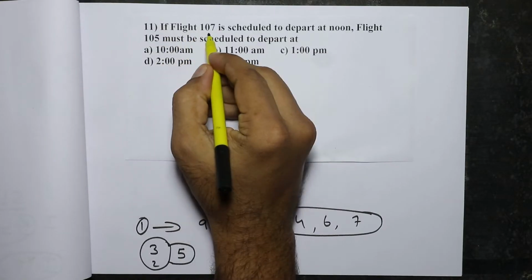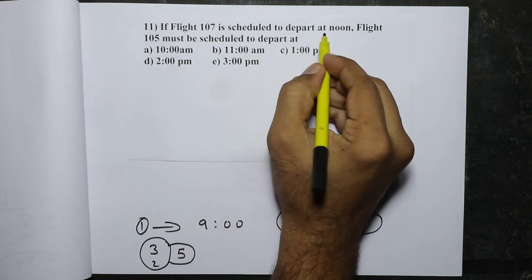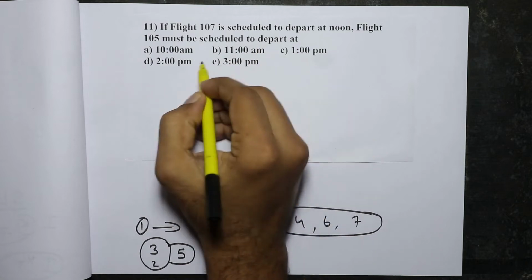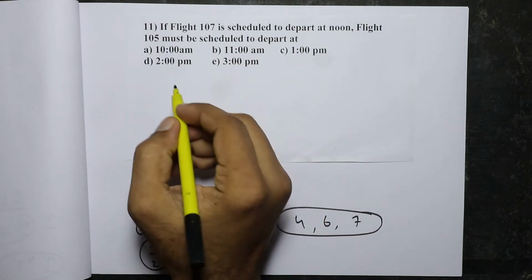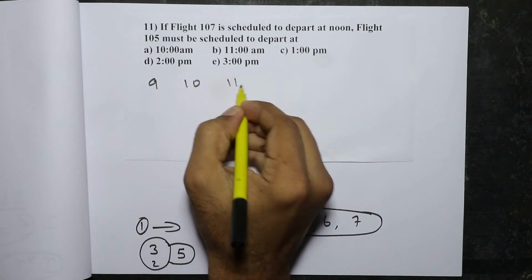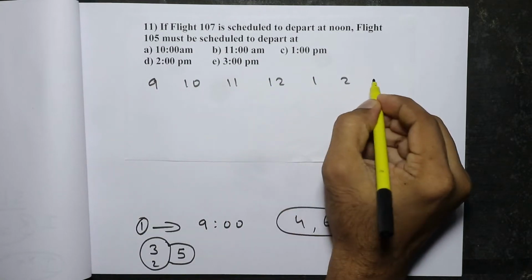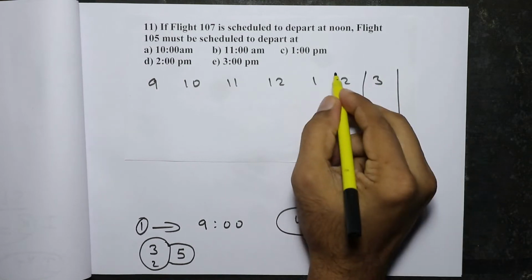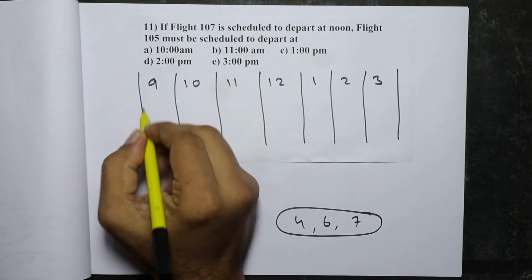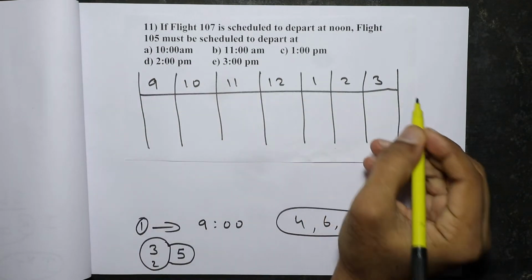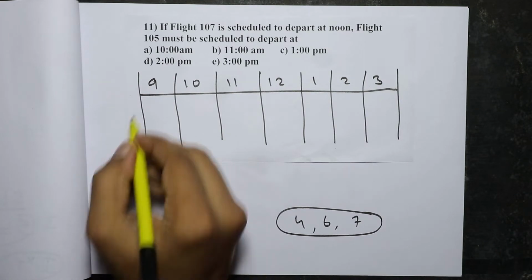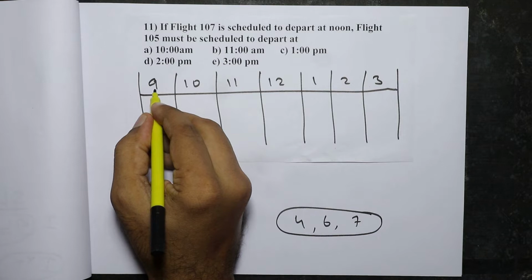If flight 107 is scheduled to depart at noon, flight 105 must be scheduled to depart at what time? So the flights are scheduled from 9 to 3. So I'll just mark it like this. As per this condition, flight 101 should depart at 9. So 1 is always at 9 o'clock.